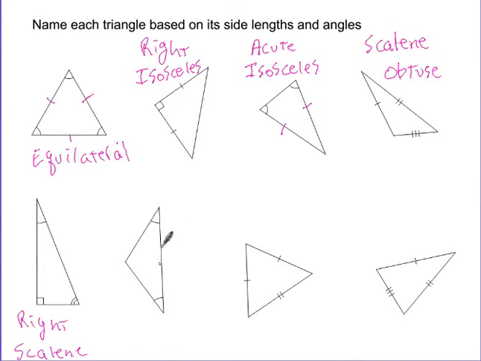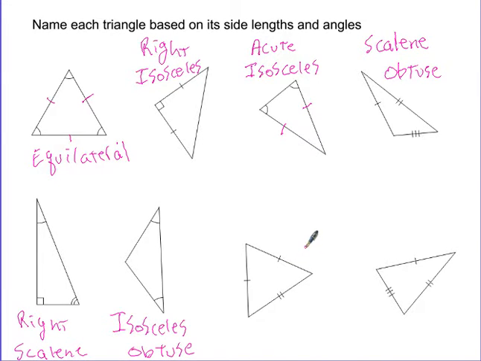This one has two equal angles. Isosceles obtuse. I like it. That angle definitely appears to me to be greater than 90. All right, what about this one? Equilateral?